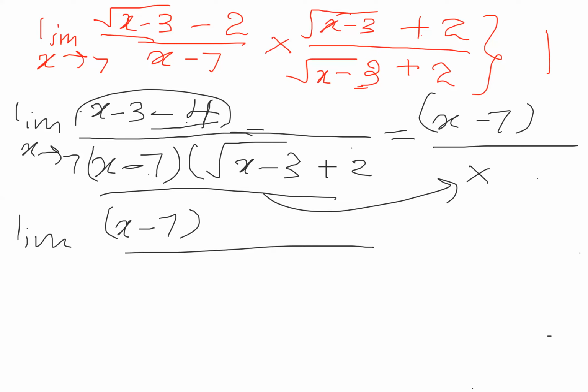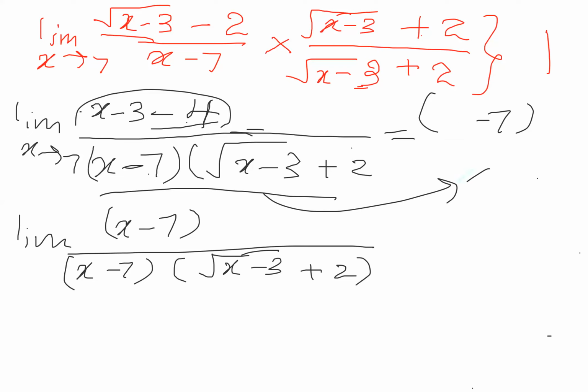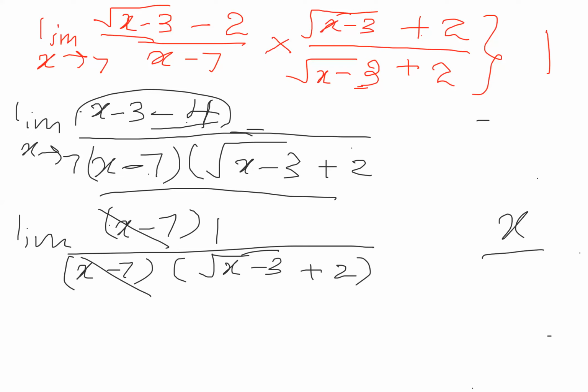Now we can simplify this further. You can see we can cancel these two together. When we cancel them, we put 1 here, because when we divide x by x, the answer is 1, and when we divide 2 by 2, the answer is 1. The same thing we did here.